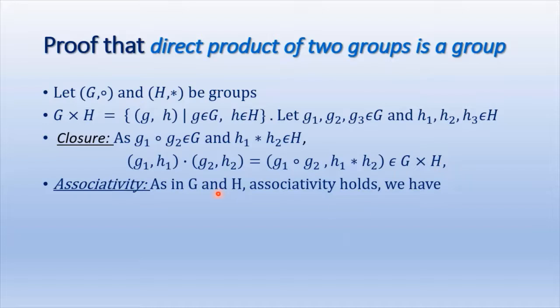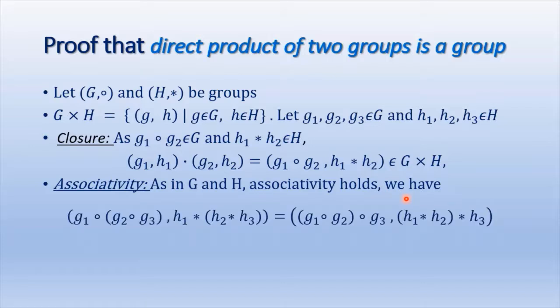Also, associativity holds good. As associativity holds in G and H, we are going to consider this associativity property here. You consider (G1 dot G2 dot G3, H1 star H2 star H3). This will be equal to G1 dot (G2 dot G3). This is for associativity in G. Similarly, using associativity in H, you will have it like this.